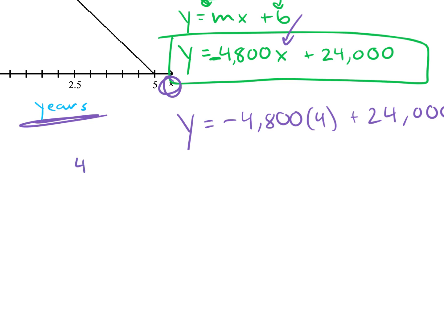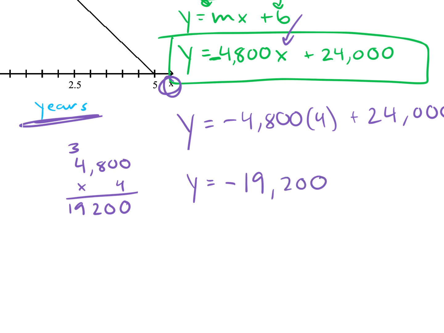We can do that. So we have 4,800 times 4: 4 times 0 is 0, 0. 4 times 8 would be 32. 4 times 4 is 16, plus 3 would be 19. So here we have negative 19,200 plus 24,000.